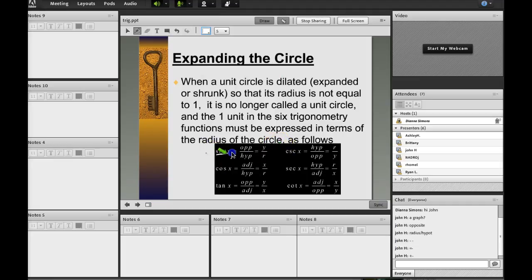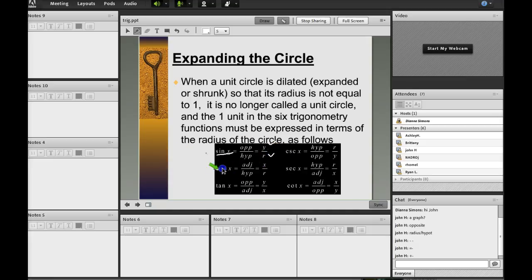So the sine now is still opposite over hypotenuse, which is y, but the hypotenuse is no longer 1. The hypotenuse now is just the radius of the circle. All right, the hypotenuse, remember, if we talked about the x squared plus y squared is equal to r squared, and that's our radius.